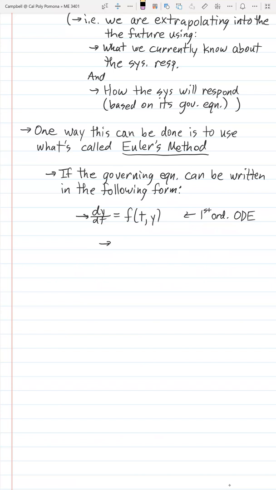If we have higher order differential equations, we can manipulate those differential equations into a form that captures the same behaviors as first order, actually a simultaneous set of first order differential equations. But with that said, let's just go ahead and assume that we just ended up with a first order differential equation once we wrote down the governing equations for the system.